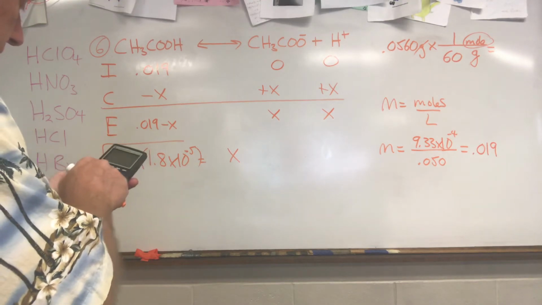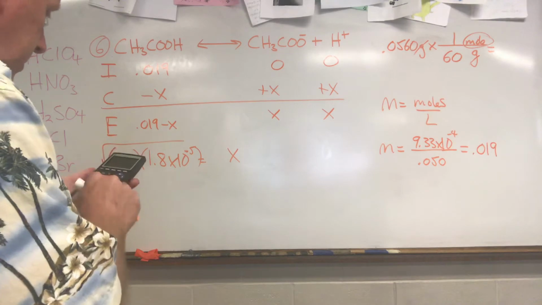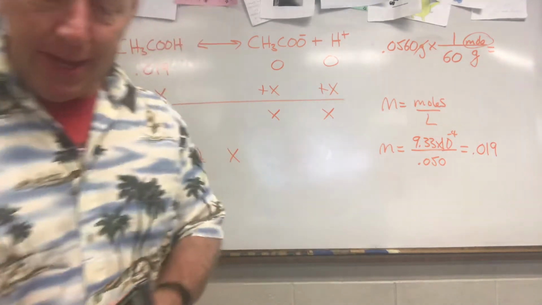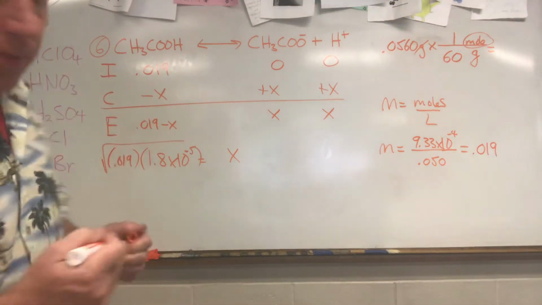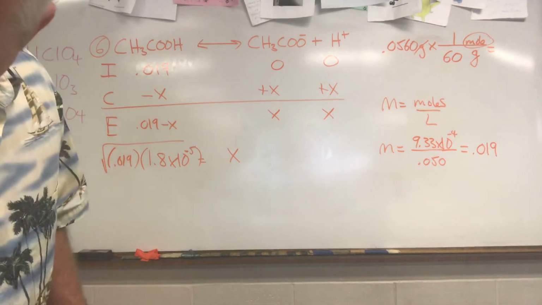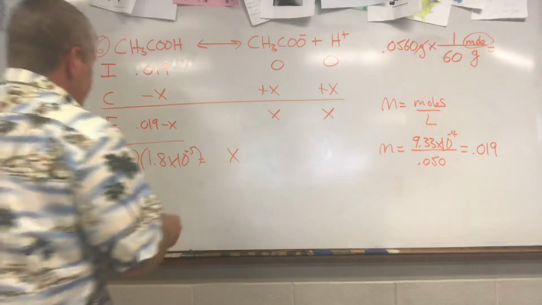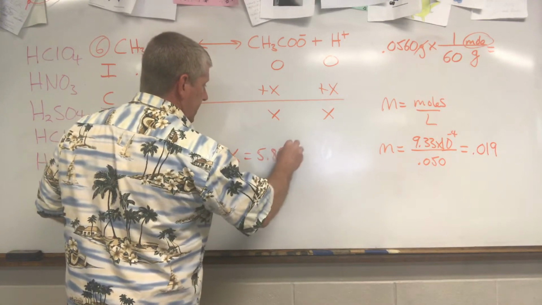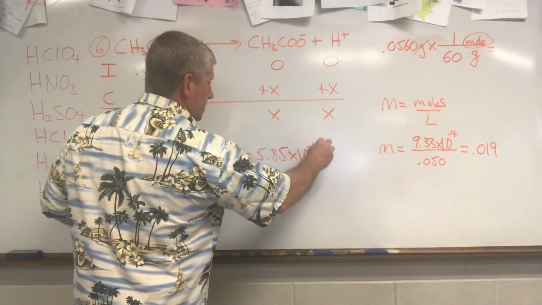Second function square root, second function answer. Boom, 5.85 times 10 to the -4th.